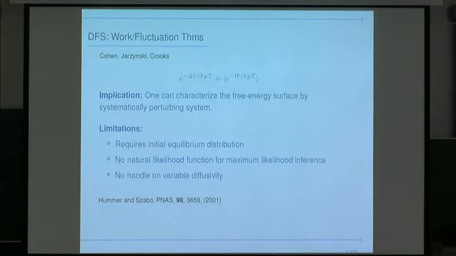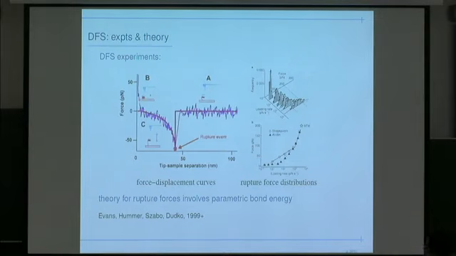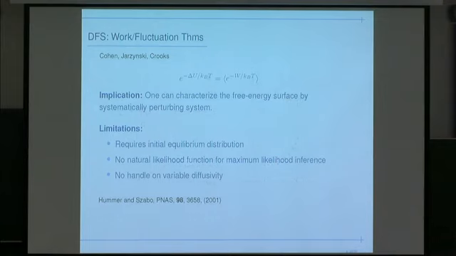And the first case has limitations in terms of a parametric form for the bond. This process requires an initial distribution, an initial equilibrium or steady state distribution, right? It's often difficult to get enough sampling to be able to sample this properly.